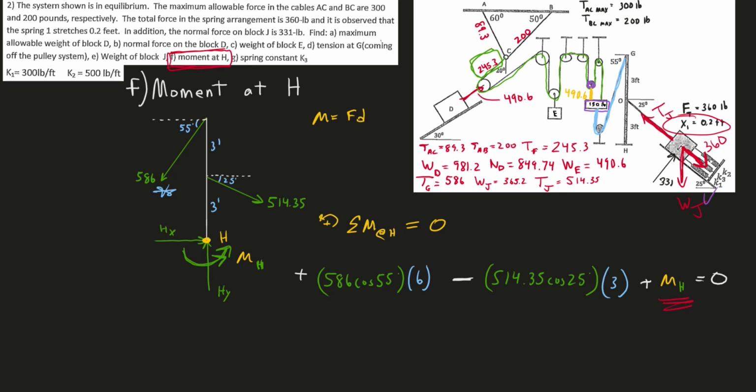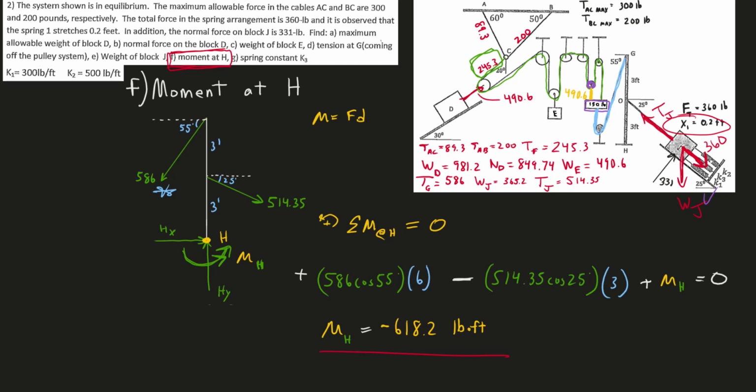So I can, of course, solve for the moment at H. And if I do that, we'll get a negative 618.2 pounds times feet. Now remember, if our math gives us a negative sign, that means our assumption was incorrect.